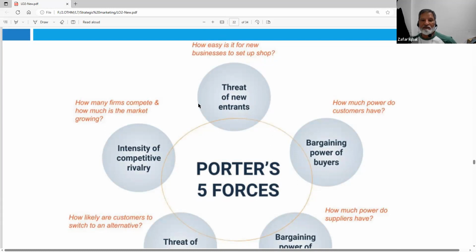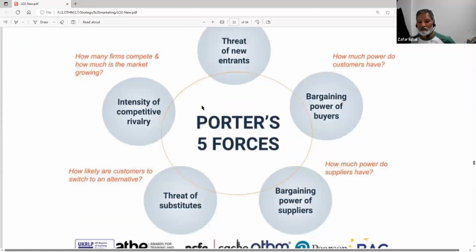The 5 factors are: number 1, threat of new entrants; second, the bargaining power of buyers; third, the bargaining power of sellers or suppliers; fourth, the threat of substitutes; and the last factor is intensity of competitive rivalry.